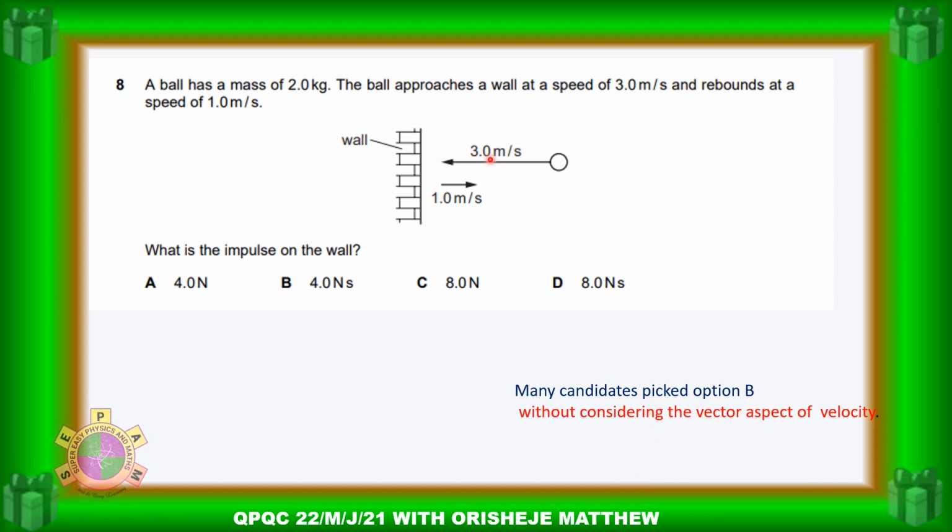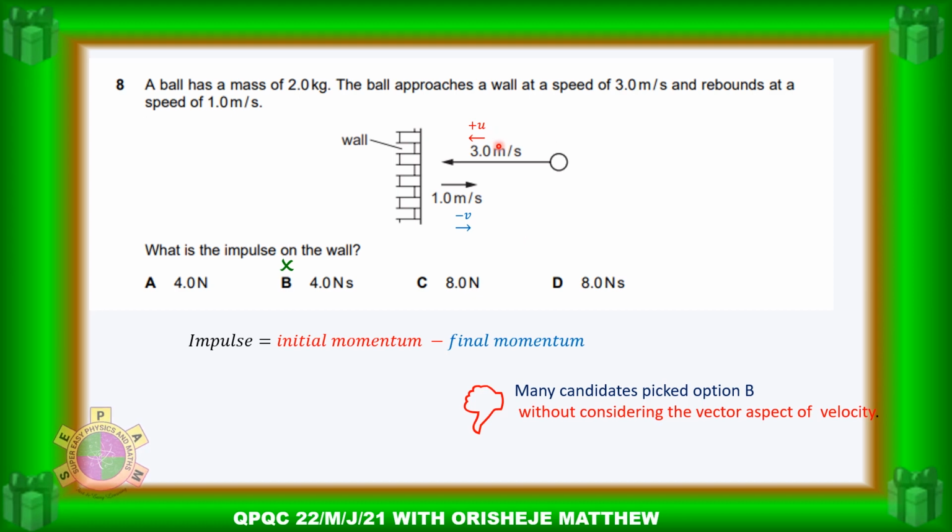So you have to realize that velocity is a vector quantity. So when it's facing west, if you take this west direction as positive, then the direction going east, the rebound, is going to be negative. So let's find the impulse. Impulse is going to be the initial momentum, take away the final momentum.